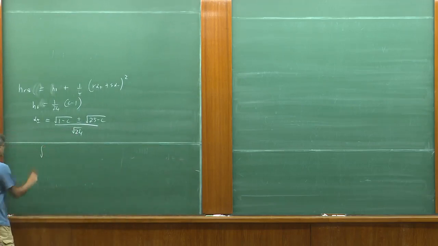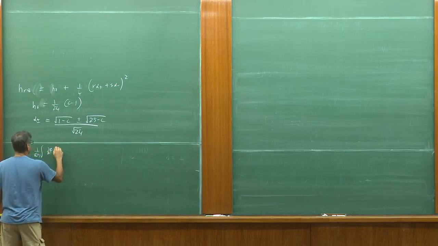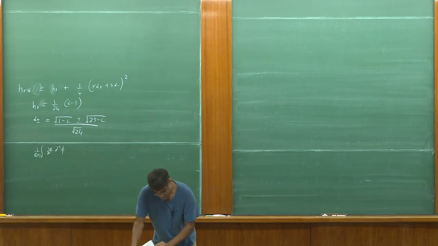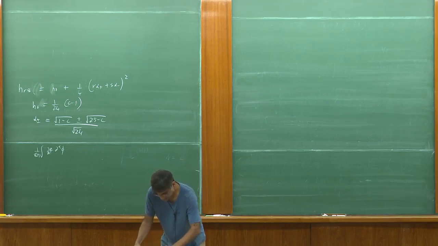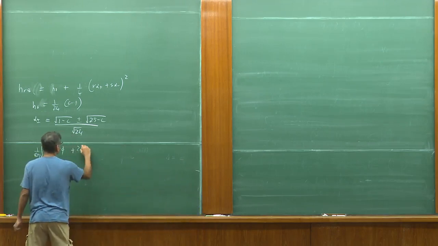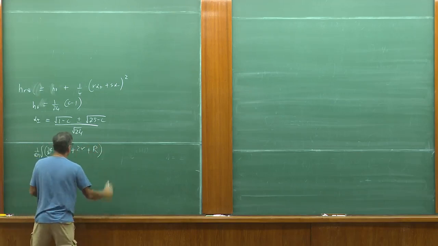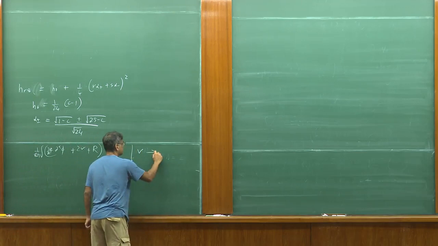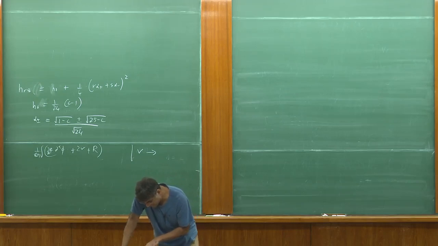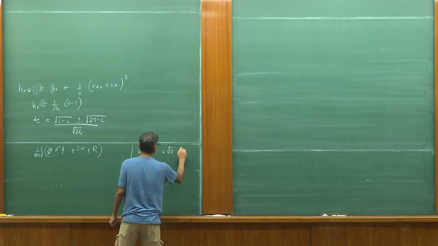So we looked at the theory with the action 1/8π ∫ (∂φ)² plus 2γ φ R, and then later we replaced γ with i sqrt(2) alpha.